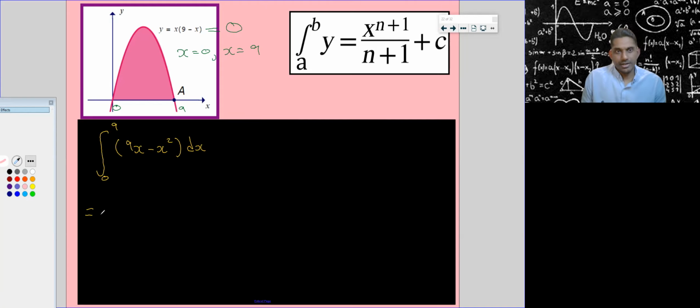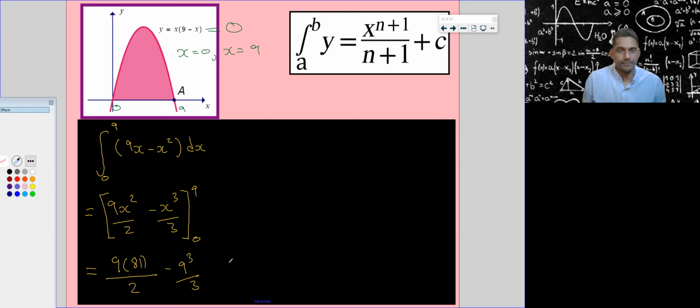Integrating, we will get 9x squared over 2 minus x cubed over 3 between limits of 9 and 0, which will be 9 times 81 over 2 minus 9 cubed over 3 minus 0.